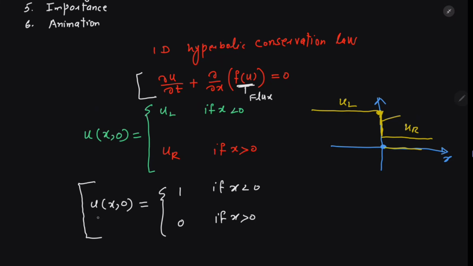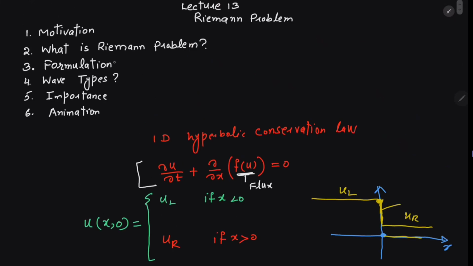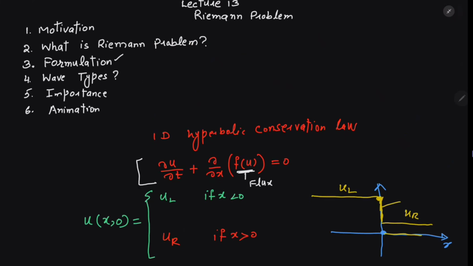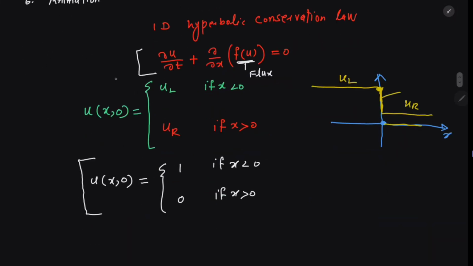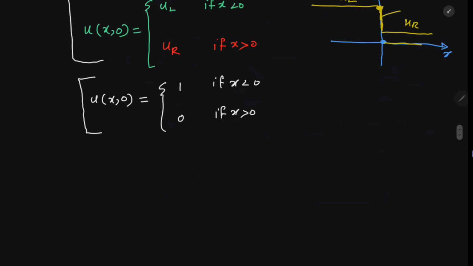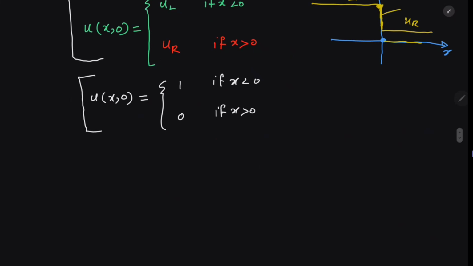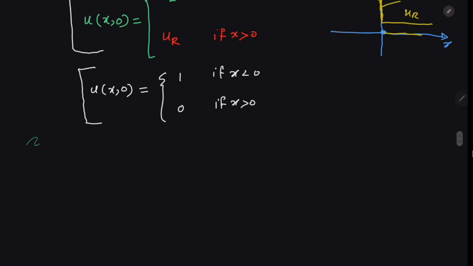Okay. So this was the formulation. We will solve it in the future. And what kind of wave types can appear when we solve such a problem? When we solve such a problem, three kinds of wave types can appear. The first one is shock waves.